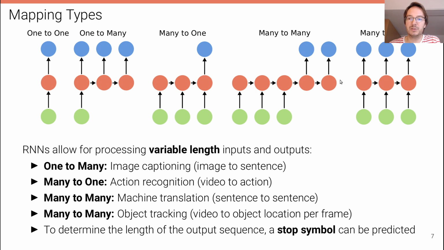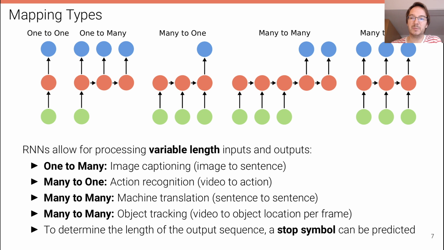And then we can also realize many-to-many mappings in a way where one element of the output is associated with exactly one element in the input. Note that this is not necessarily the case for machine translation, where languages are very different. So there's no one-to-one mapping between words, at least not at the same location or same time step.